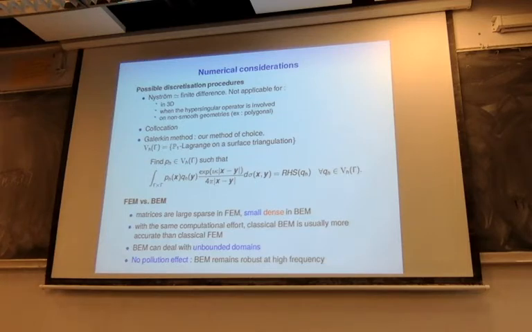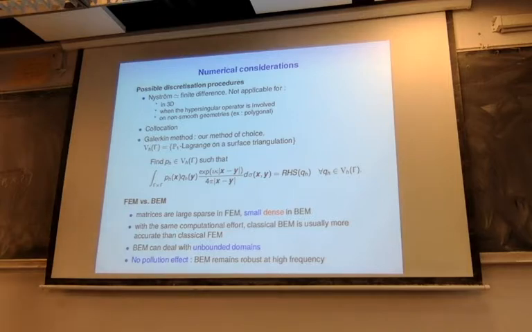And then there is a Galerkin method, a variational method, that is the one I am going to discuss, the one that will be considered in FreeFEM for boundary integral equations. Here it simply consists in replacing the space of continuous functions living on the boundary with a discrete finite dimensional subspace of it.